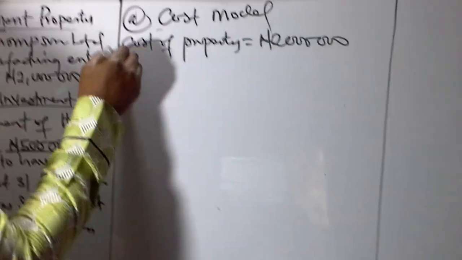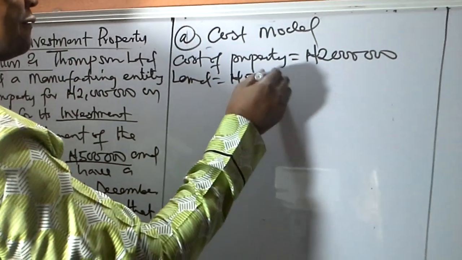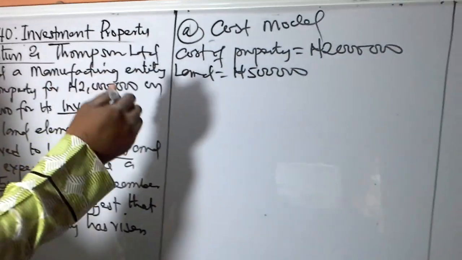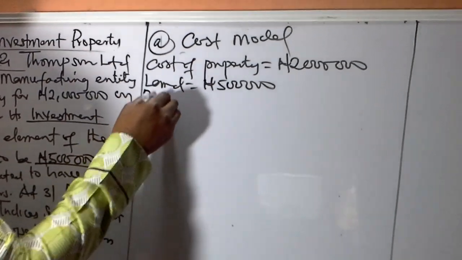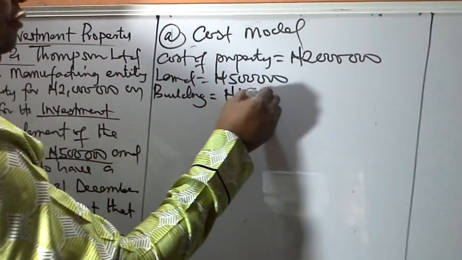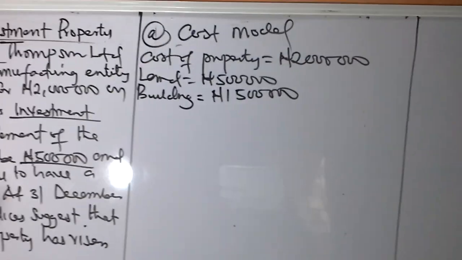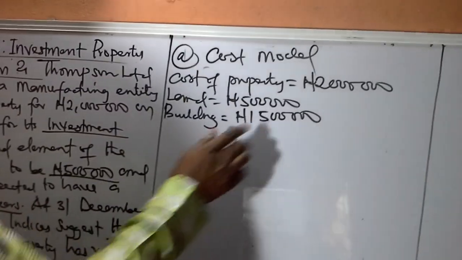So it means the building is 1.5 million, and you only depreciate the building.